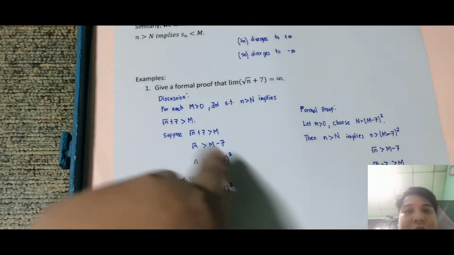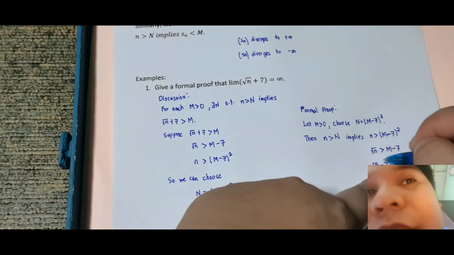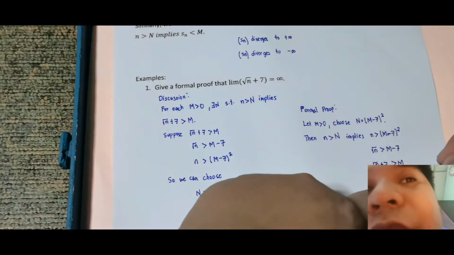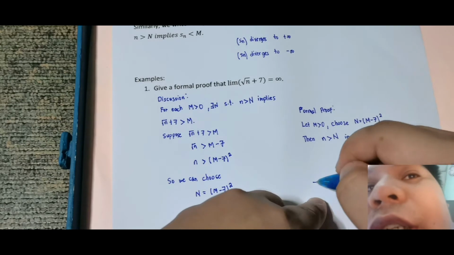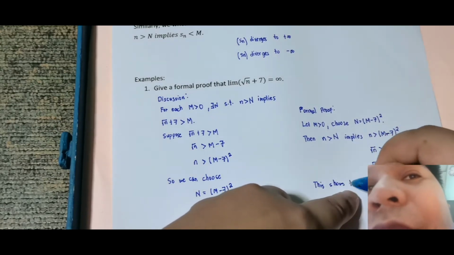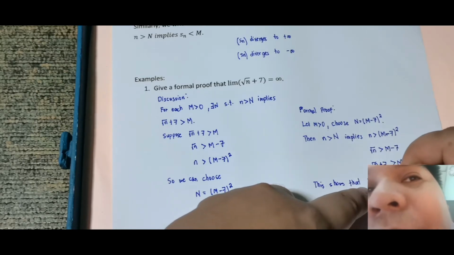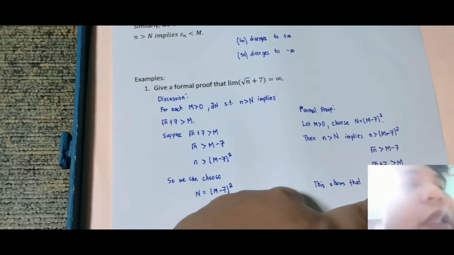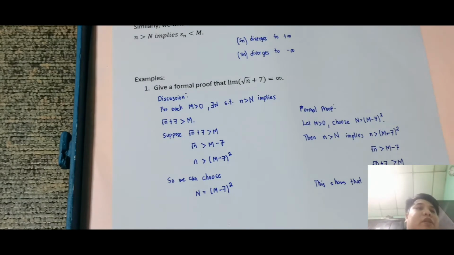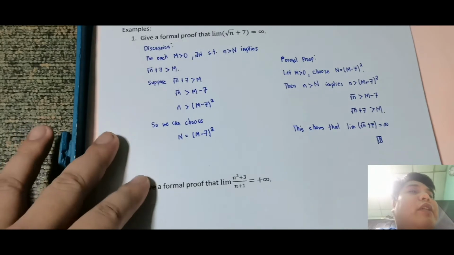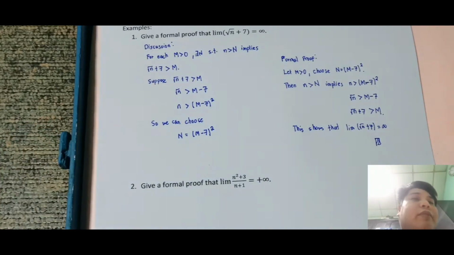Since nabalik na tayo sa katulad dun kanina, this shows that limit ng square root of n plus 7 is equal to positive infinity. And that is done. Okay, so ganun siya kasimple pagdating dyan. Okay, so let's have number 2.